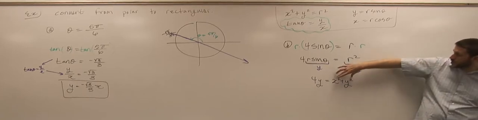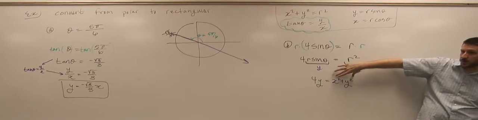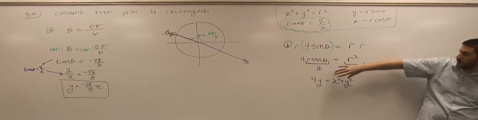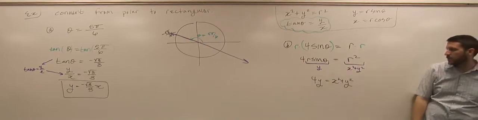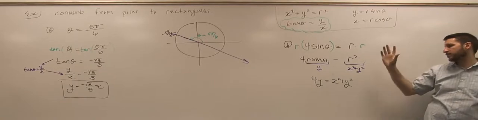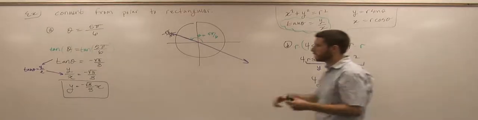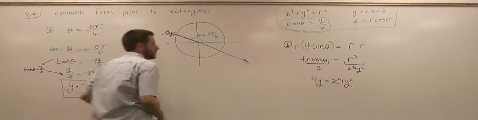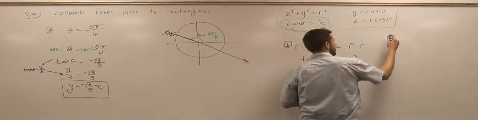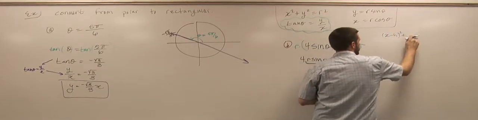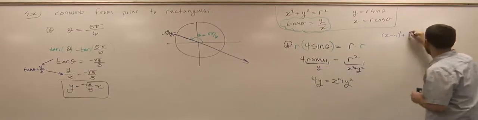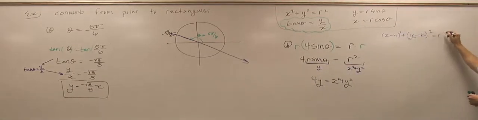It's probably going to be a circle because it's got an x squared and a y squared. As soon as you see x squared plus y squared, you're thinking circle. But you're going to need to get it in the right form. Here's the standard form for the equation of a circle: x minus h squared plus y minus k squared equals r squared.